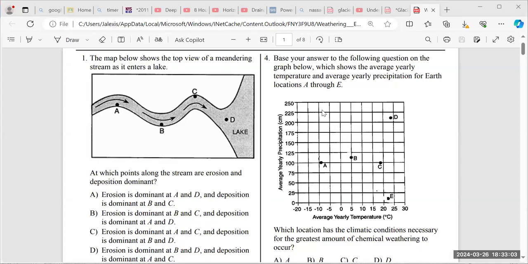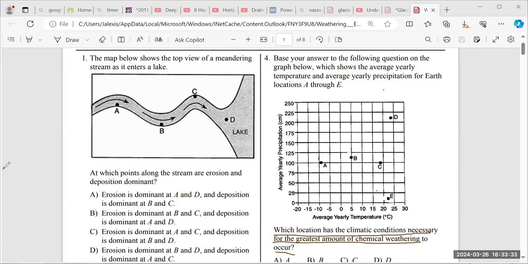Number four. Base the answers to the following questions on the graph below, which shows the average yearly temperature and average yearly precipitation for Earth locations A through E. Which location has the climate conditions necessary for the greatest amount of chemical weathering to occur?